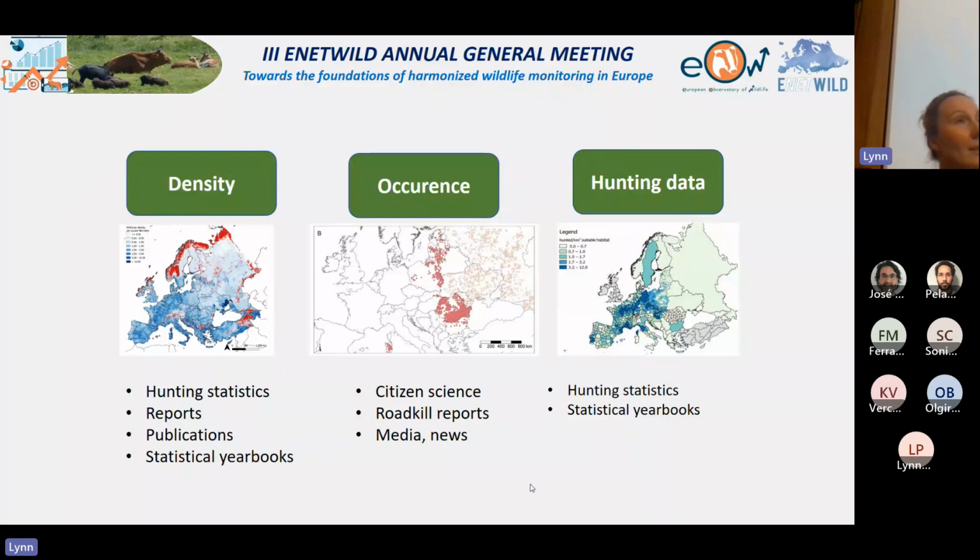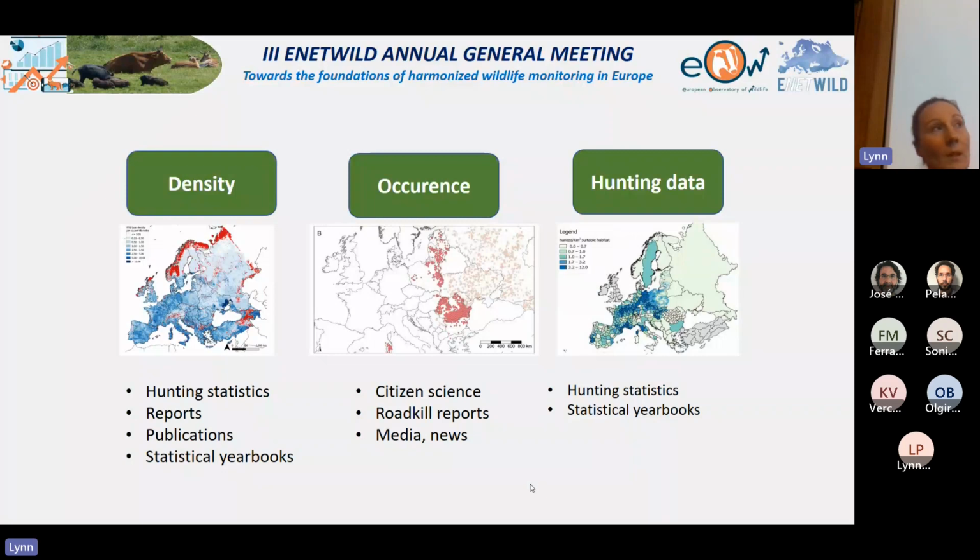For example, to get any information about density, we were checking hunting statistics, reports, publications, but also statistical yearbooks. For occurrence data, which is rather point information giving us direct information about the presence of an animal at a certain point and time, we were using citizen science. eMammalia was a great help in that.